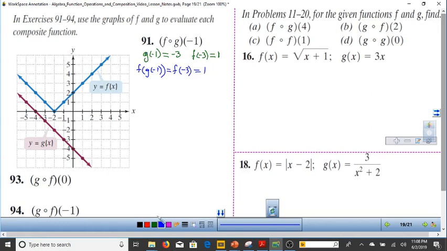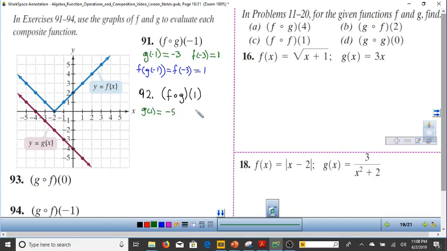All right, let's try another one here. I neglected to put this one down, so I'm going to just write it in. Number 92. We want to do f of g of 1. So let's see again. g of 1 is -5.